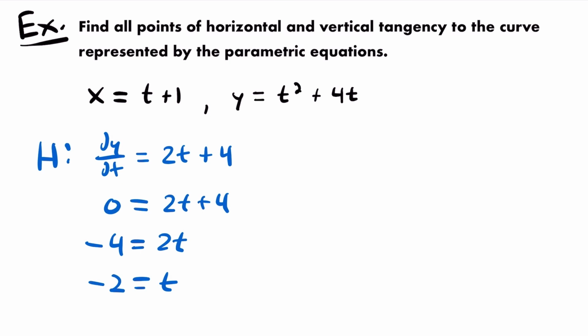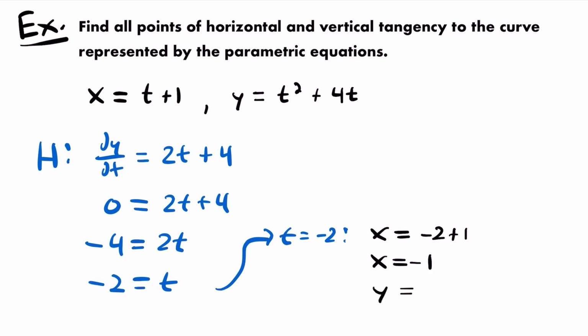But now we want to find that location in terms of x and y. We need to find that coordinate point. So let's plug -2 into each of our parametric equations. All right, so when t equals -2, x will be equal to -2 plus 1, right? x is equal to t plus 1, so we replace t with -2, and -2 plus 1 is equal to -1, so x is equal to -1.